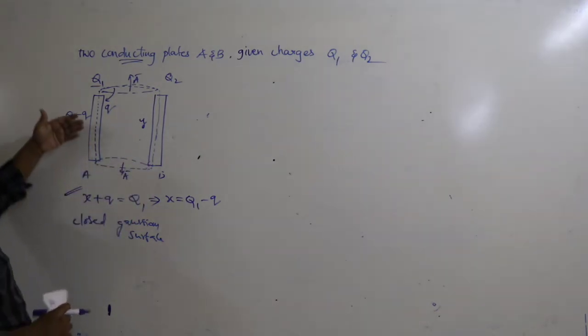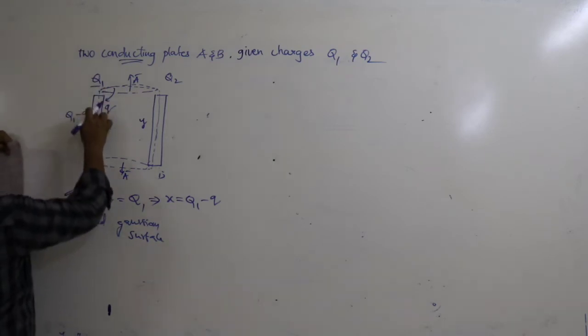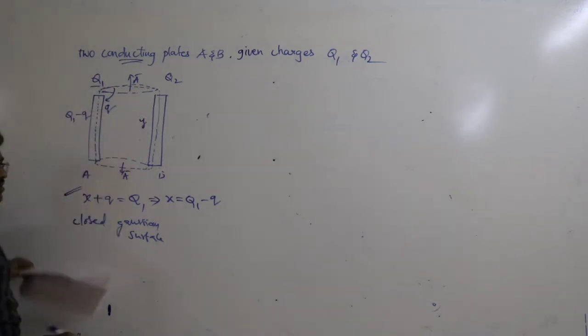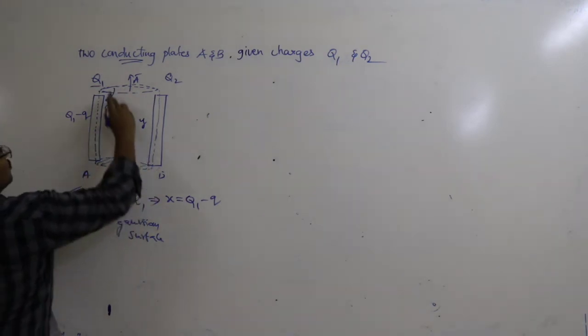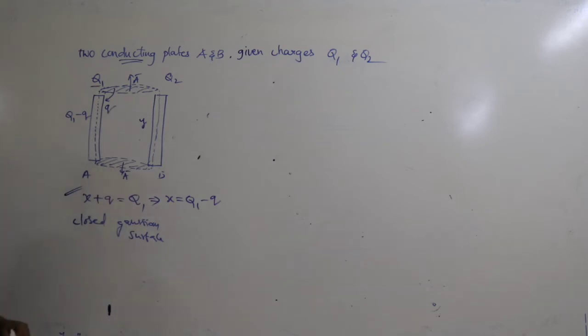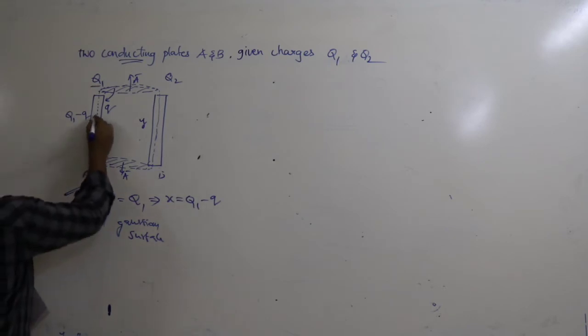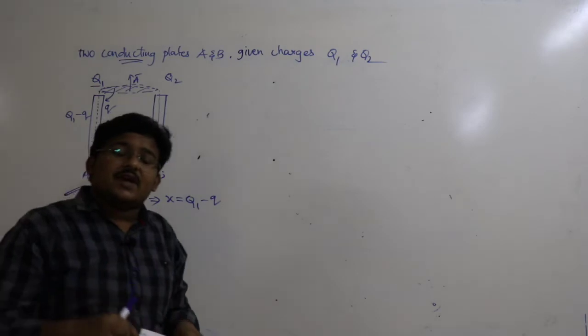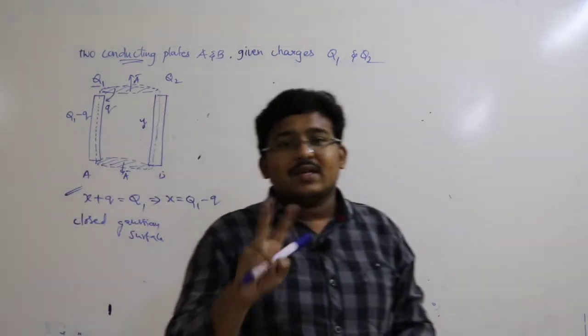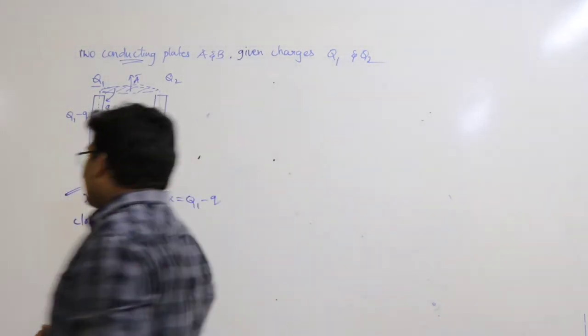So if Q1 is positive, the field will be like this only. There is no flux through these two surfaces. So 0. And this surface is inside the plate. When the surface is inside, you know that the field is 0. Inside, no field.